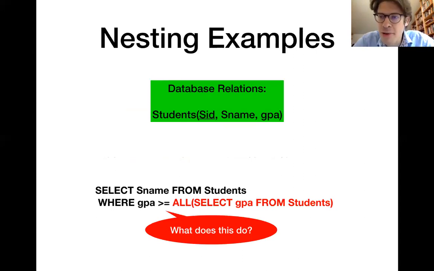What we are doing here is selecting the student name from the students where GPA is greater or equal to all result rows from this subquery that selects GPAs from students. Can anyone tell me in the chat what you believe this query is doing? Anyone, any ideas?